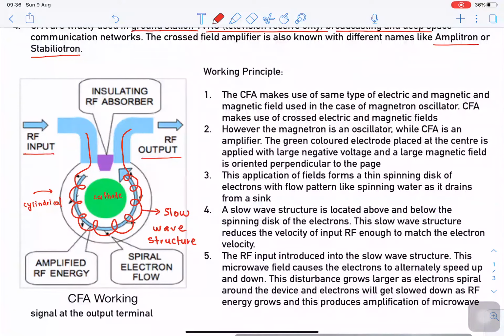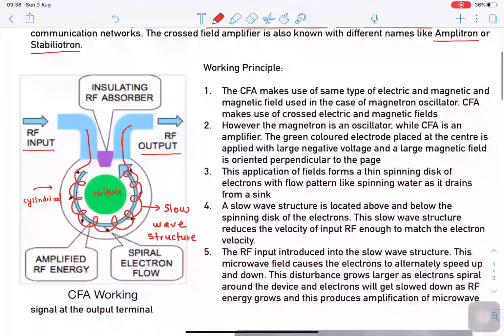If you compare the construction of cross field amplifier, you can feel that it is a combination of magnetron and traveling wave tube, right? Magnetron is a cross field device and traveling wave tube is the linear beam device. So a hybrid combination of a traveling wave tube with magnetron can produce cross-field amplifier.